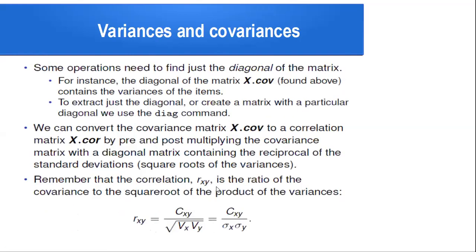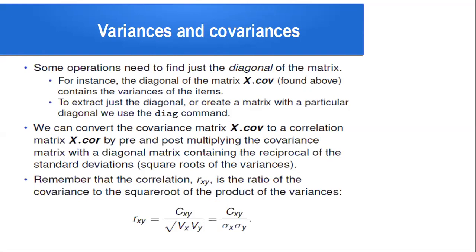Variances and covariances. Some operations need to find just the diagonal of the matrix. For instance, the diagonal of the matrix X cov found above contains the variance of the items. To extract just the diagonal or create a matrix with a particular diagonal, we use the diag command, D-I-A-G, diag command.